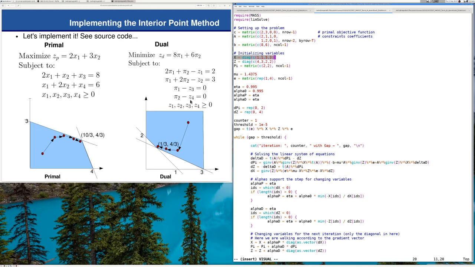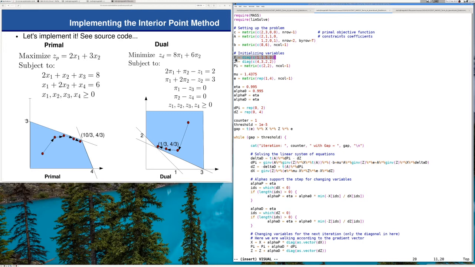Here, I could have decided to select, for example, x1 and x2 having a different value, of course making sure the values are accepted by our problem. So x1 and x2 must be greater than or equal to 0, and those two constraints must be satisfied.